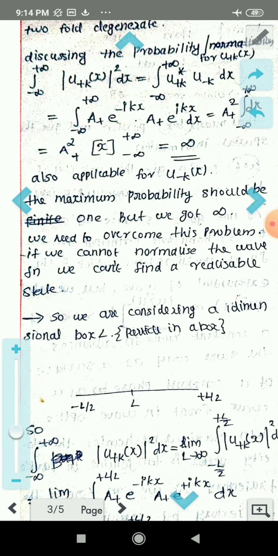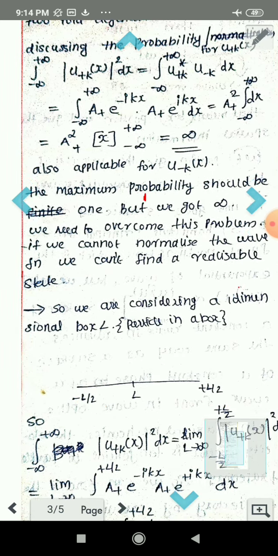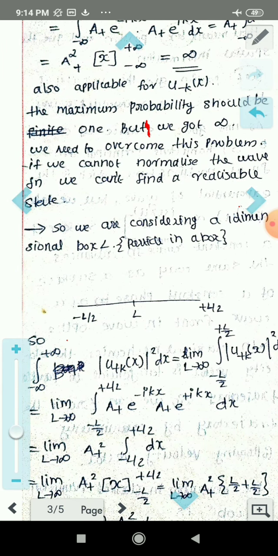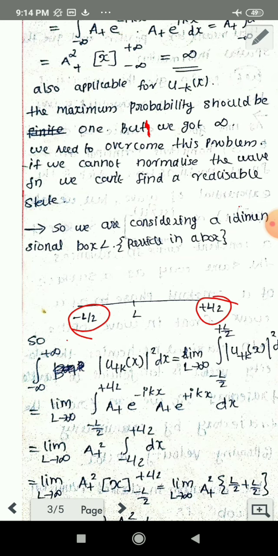For this one dimensional box, we are writing our wave function, the integral from minus infinity to plus infinity of modulus of u plus k of x square, as the limit L tends to infinity. Then this will be infinite.